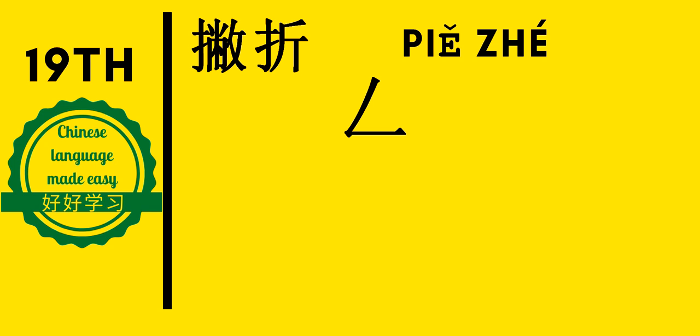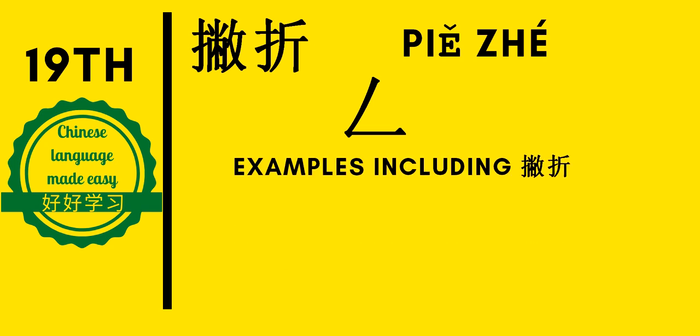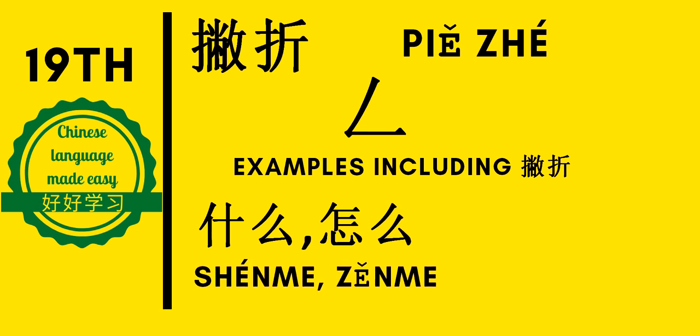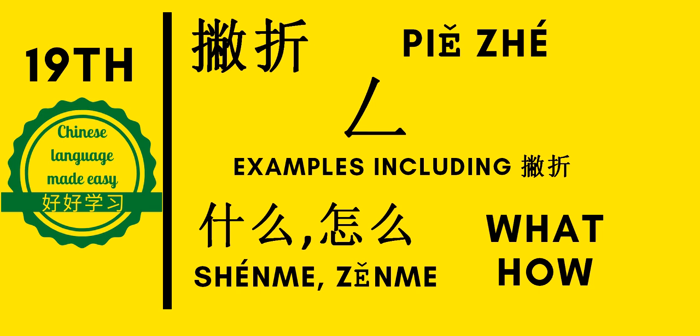So this is why it is 撇折. Here are some examples which you can consider while discussing this stroke. The first one is 什么, and the second one is 怎么. The first one is used for saying what, and the second one is used for how.